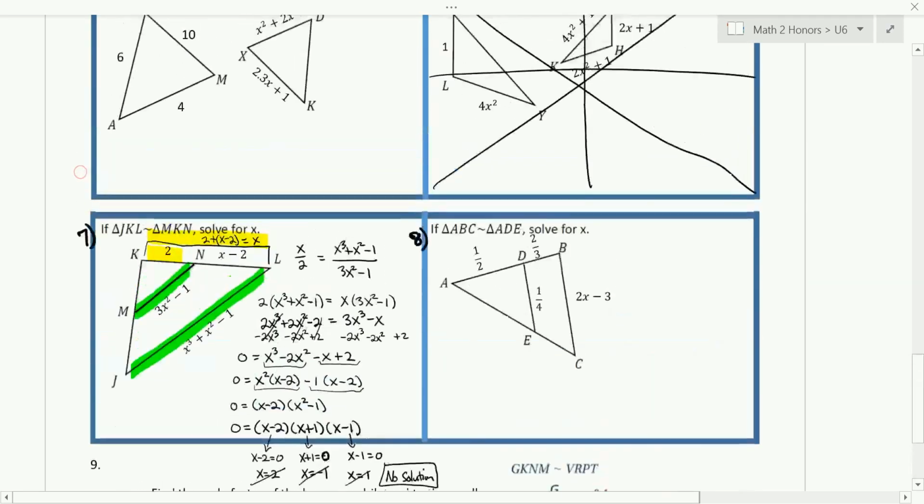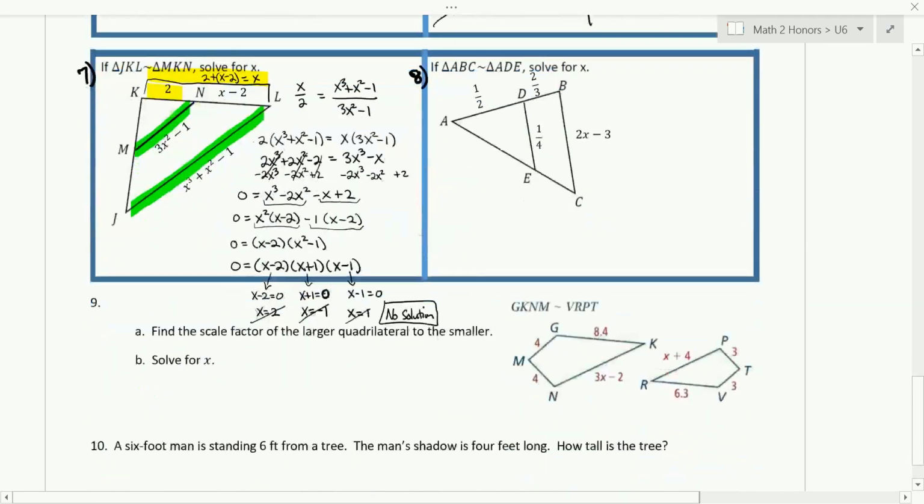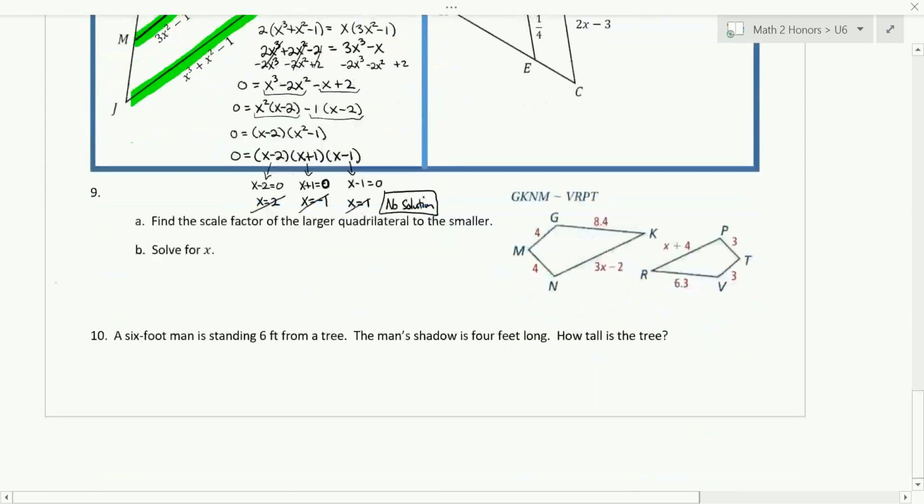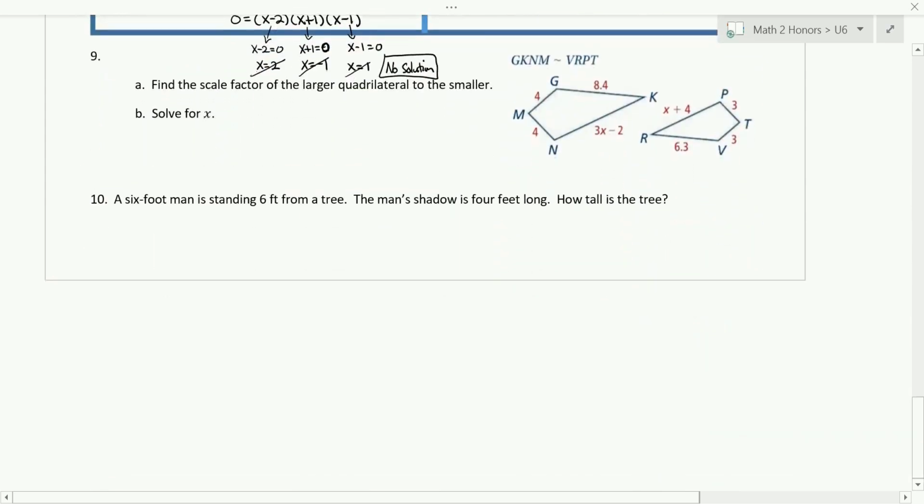Let's just make sure we set up number 10 right. So go ahead and read number 10 and try to draw a diagram that would go with number 10.